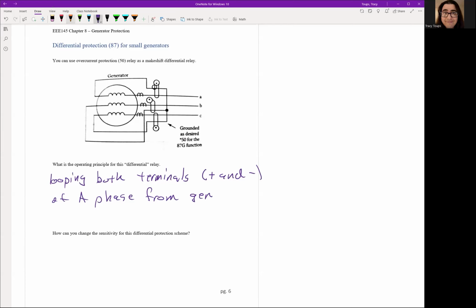So what this means is you have a phase right here. You have current flowing out of the generator, like so. And for current to flow out the positive terminal, it must flow out the negative terminal. And so you can reroute it all the way here. This is your neutral point right here. You'll have current coming up to neutral this way.